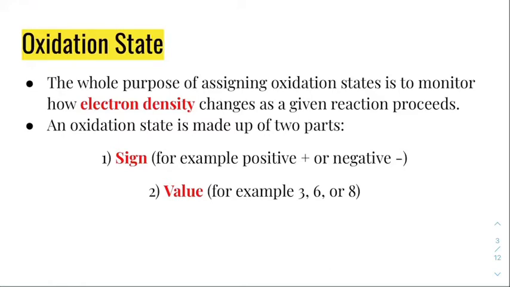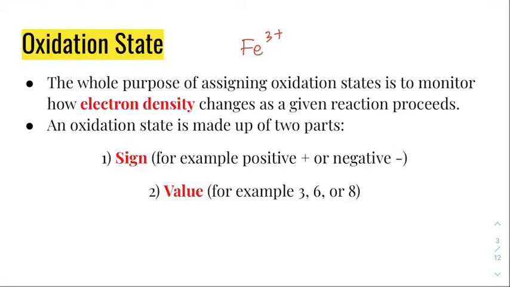So for example, Fe3+. Sometimes it can be confusing which one is the oxidation state and which one is the charge, because both have a sign and both have a value.